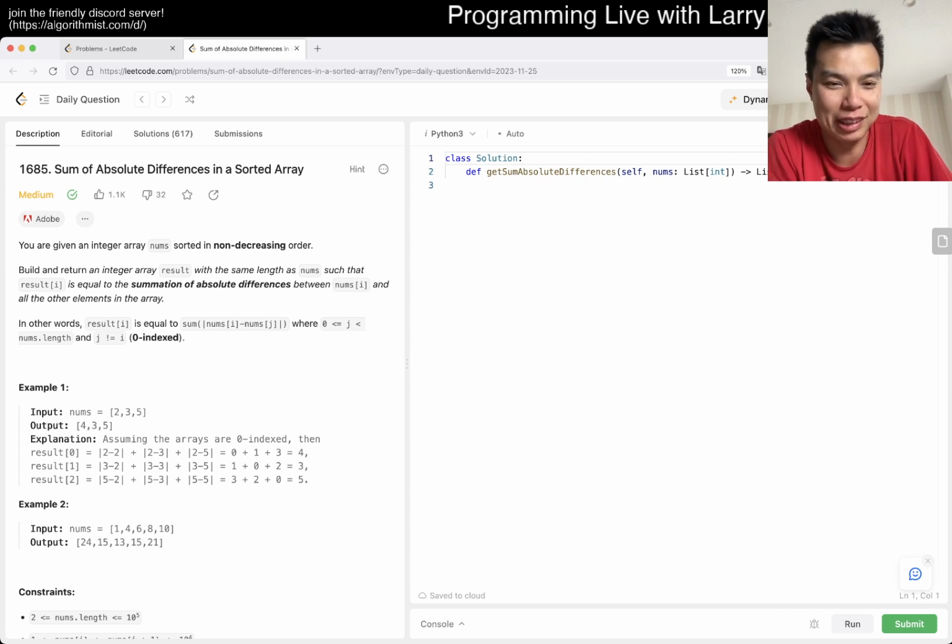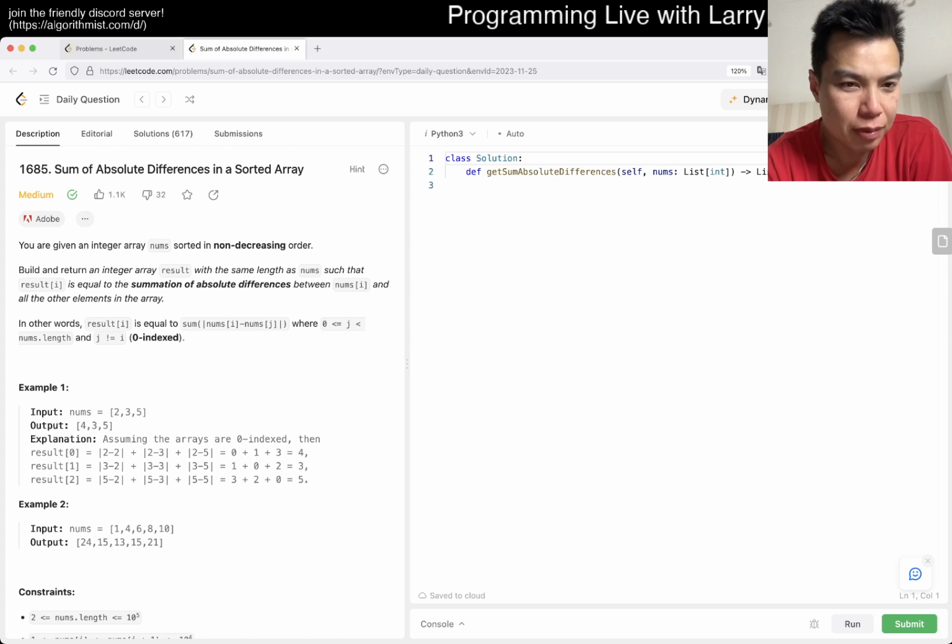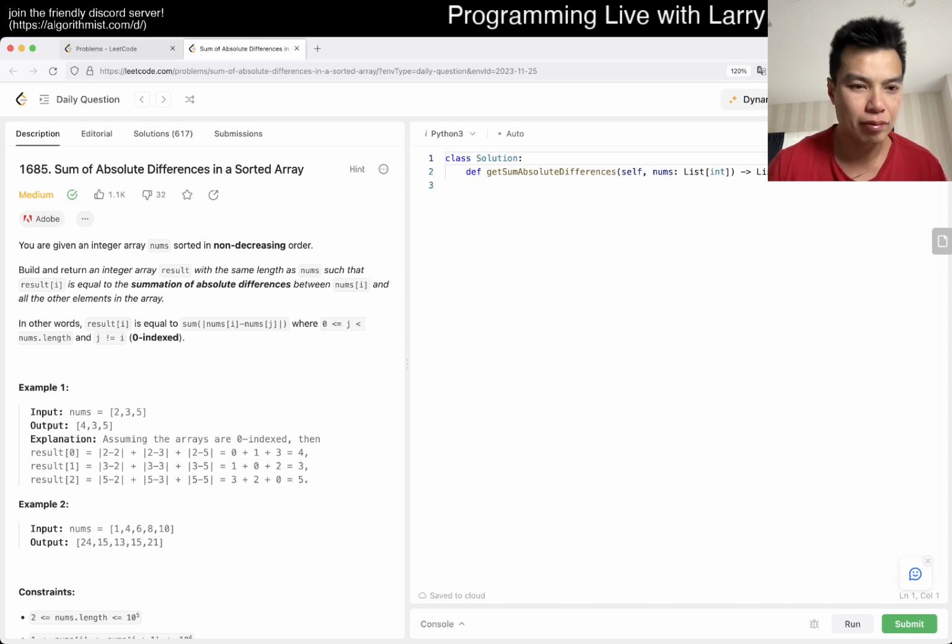Summation of absolute differences between nums[i] and all other elements in the array. What does that mean? So 2, 3, 5. What's 2, 3, 5? Oh, wait, what?